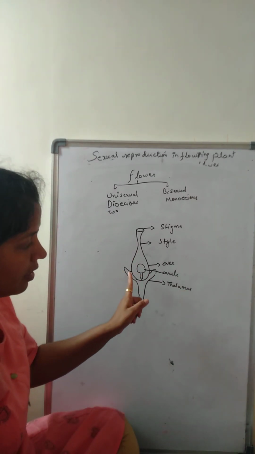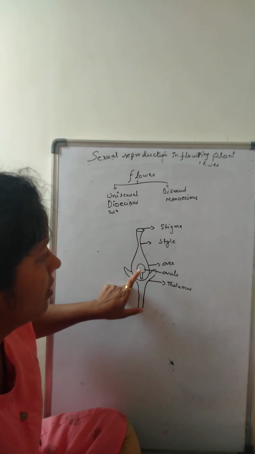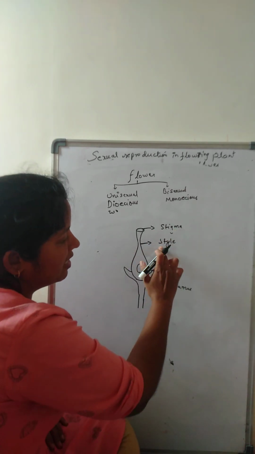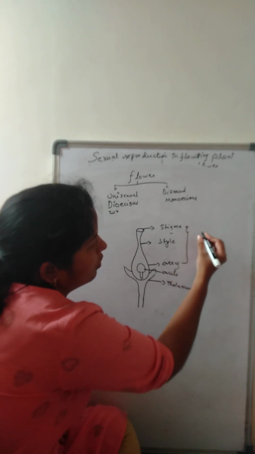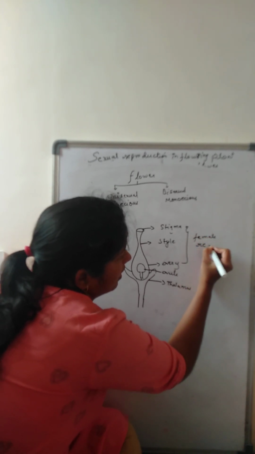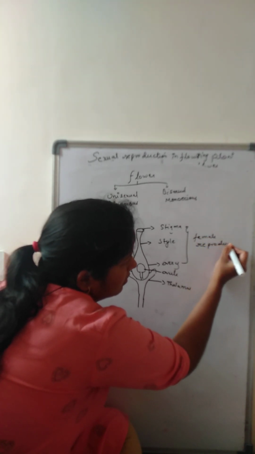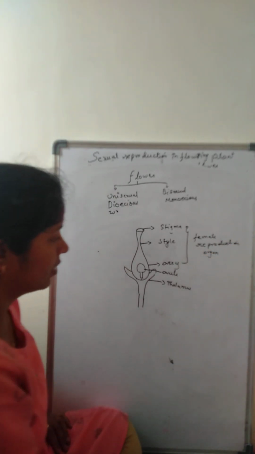This is the thalamus where the ovary sits. Okay, now you see stigma, style and ovary. Okay, these together form the female reproductive organ. Understand?